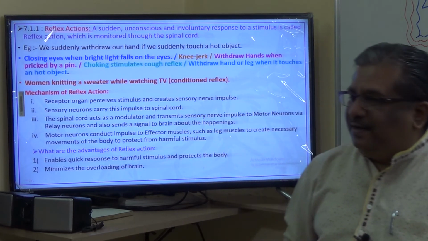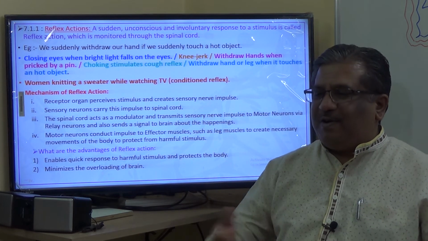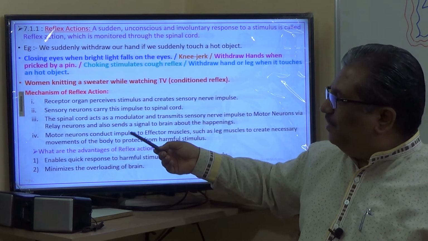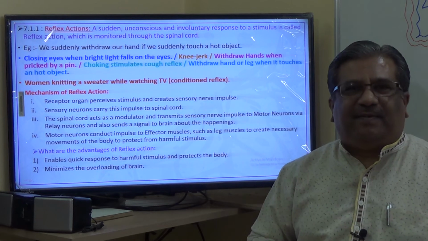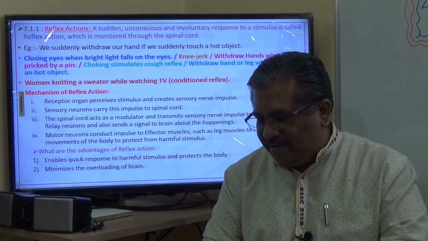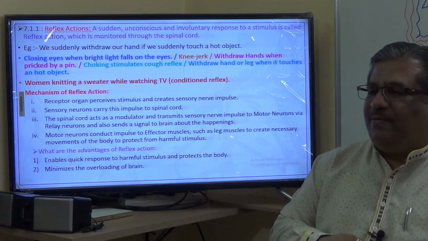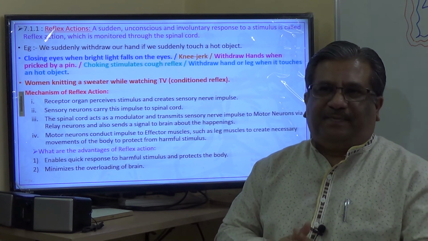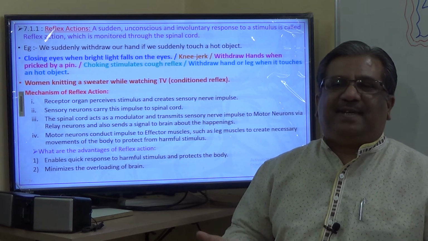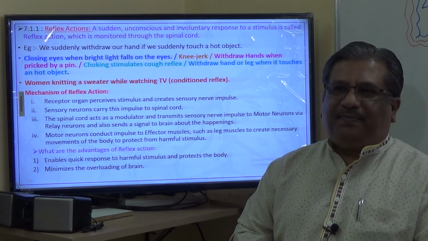Next, reflex actions. We will talk about this also. It's a very small thing. We'll see what is a reflex action. First, the definition of a reflex action. Whenever we touch hot plates or hot objects, suddenly we pull back our hands. This is the best example for a reflex action.